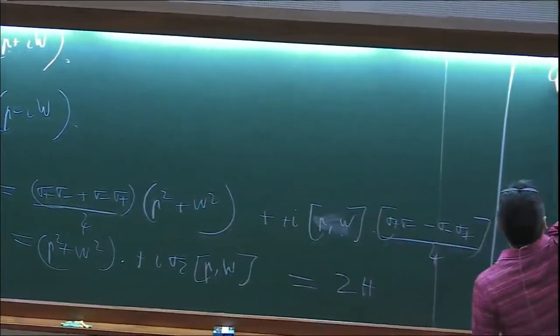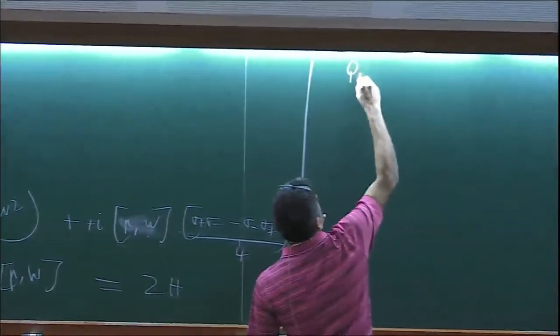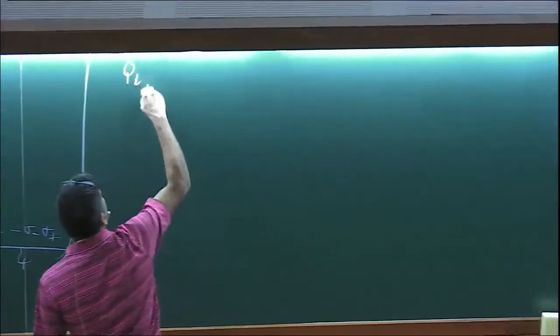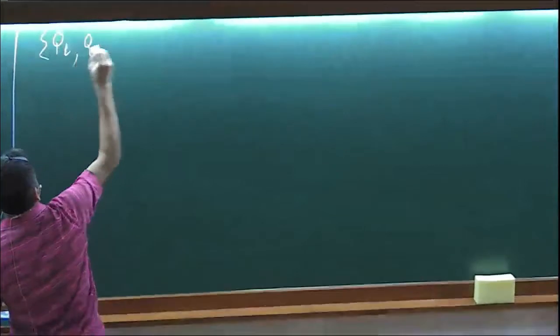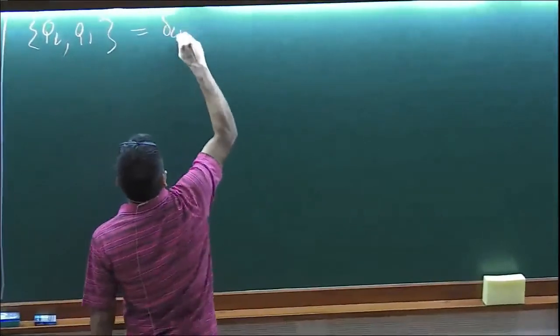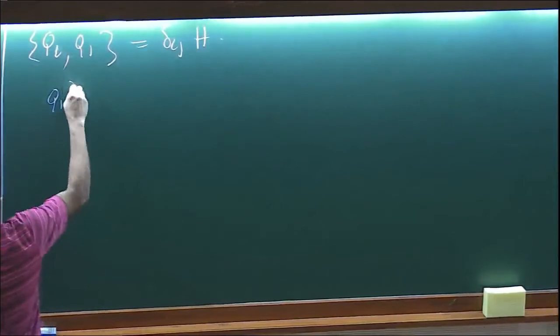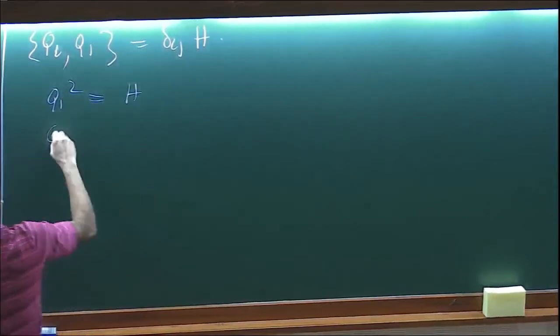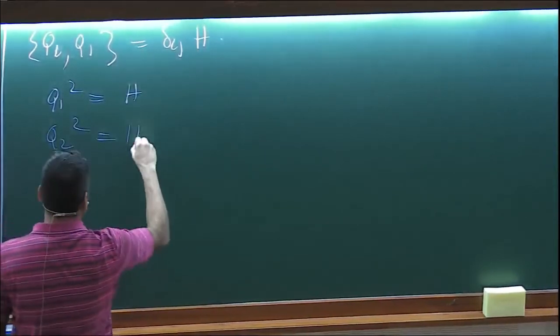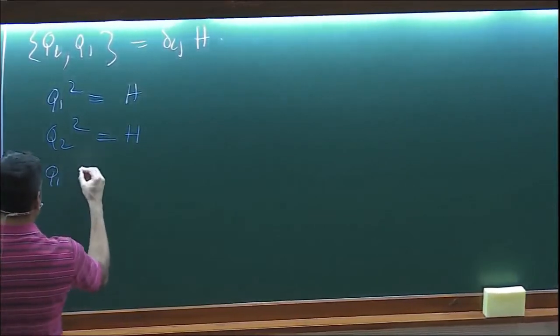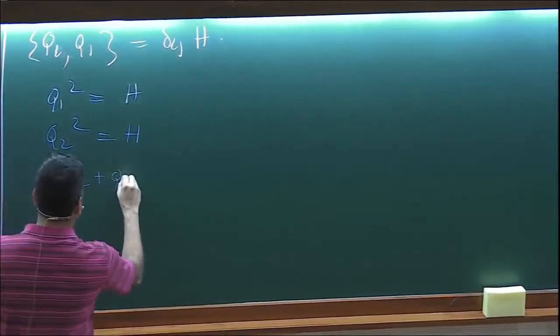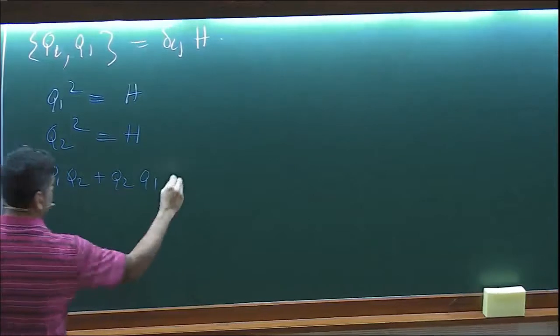You can show that the anti-commutator of Qi and Qj is equal to delta ij times h. Similar algebra. So in particular, Q1 squared is equal to h, Q2 squared is equal to h, but Q1 Q2 plus Q2 Q1 is equal to 0.